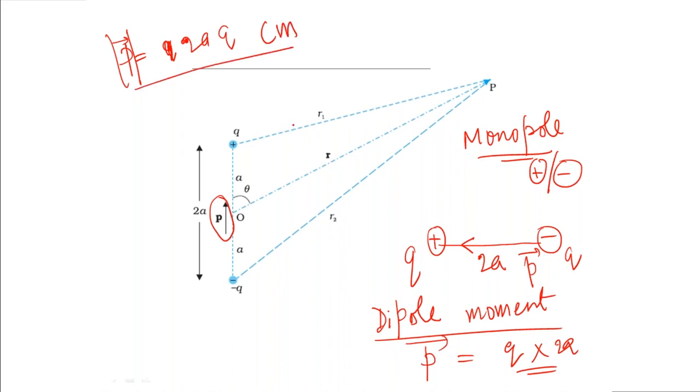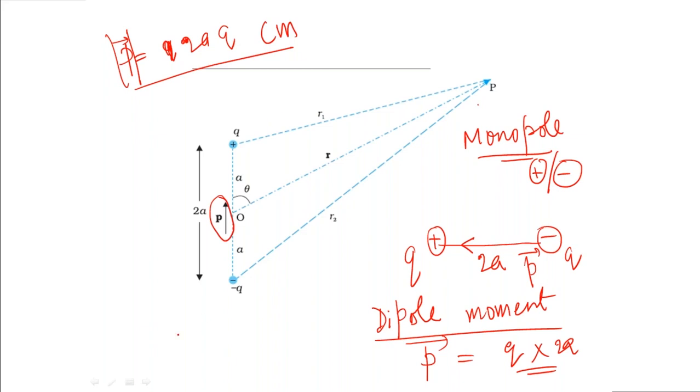Now look, I have this dipole having dipole moment p, and for this dipole I have to calculate the potential at this point P. So how do we calculate? Just recently we have learned how to calculate potential for a point charge.